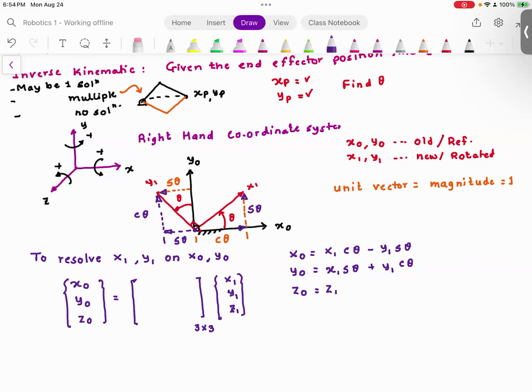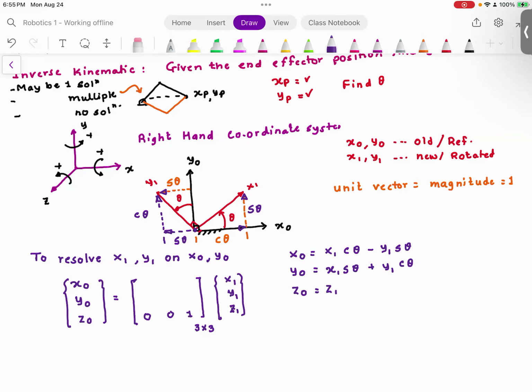So let's start with the easiest part. Can you see z0 is equal to z1? So I can say x1 is multiplied by 0, y1 is multiplied by 0. So my third row is going to look like 0, 0, 1.